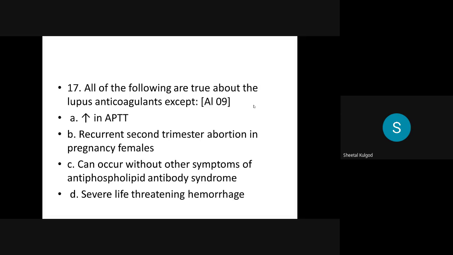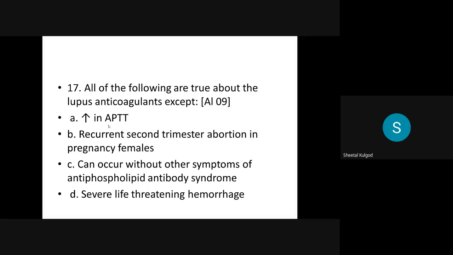Next question. All of the following are true about the lupus anticoagulants, except: there is an increase in APTT, recurrent second trimester abortions in pregnant females, can occur without other symptoms of antiphospholipid antibody syndrome, severe life-threatening hemorrhage. So again, except here, that means one of the options is not true with regards to lupus anticoagulant.